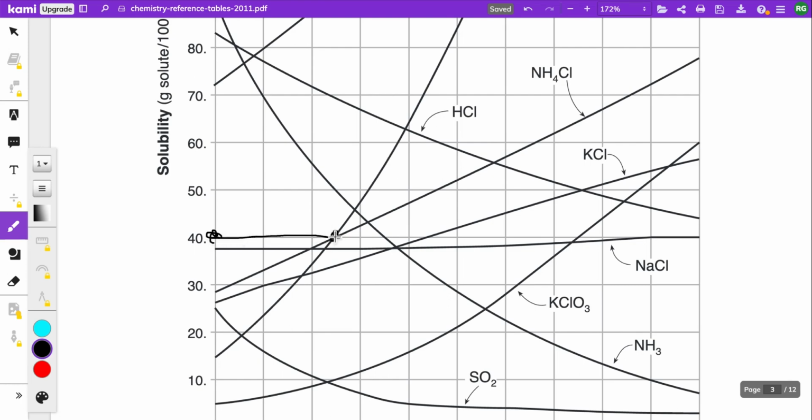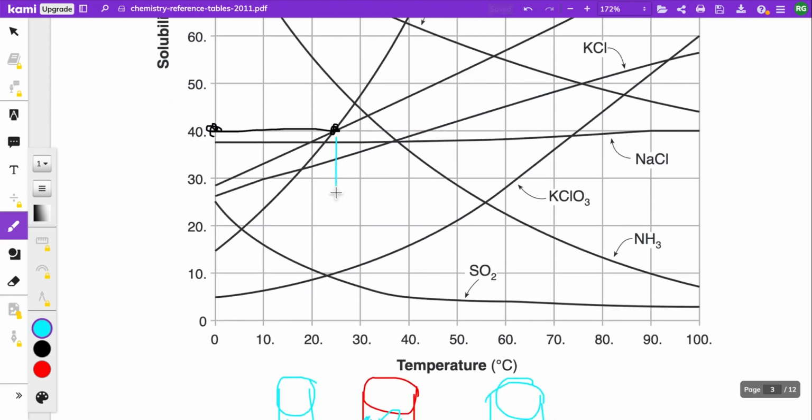Ooh, it reached the line for NH4Cl, right? It reached this line right here. So what temperature does this become saturated at? Let's see, like 24, 25. Yeah, 24. All right, so 24 degrees Celsius is when this thing becomes saturated.